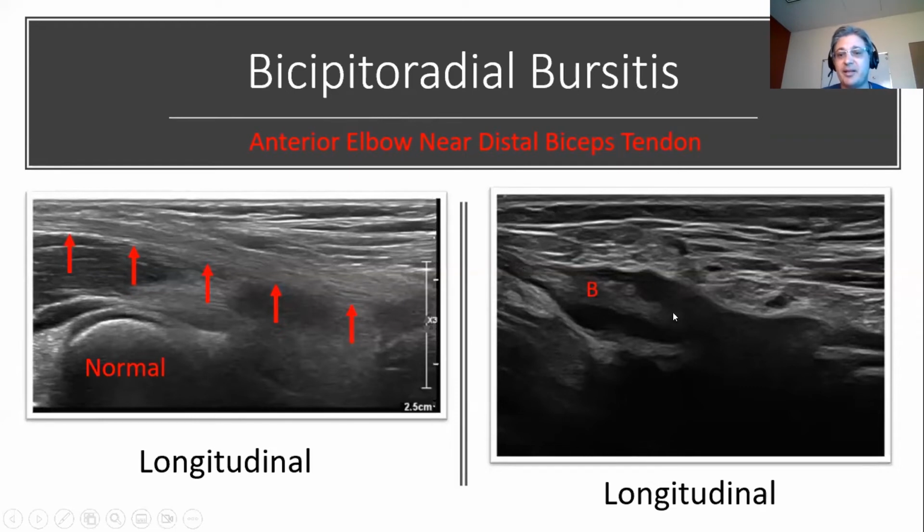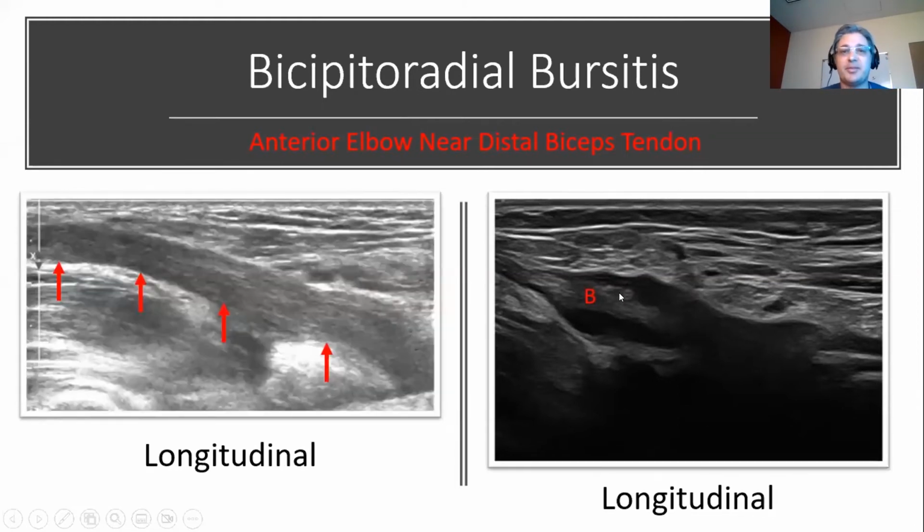The biceps tendon here, which is slightly out of plane, that I've labeled B for you, is surrounded by this hypoechoic or anechoic fluid that you certainly don't see in this normal case. No fluid surrounding this biceps tendon, no cystic mass surrounding this biceps tendon. This cystic mass, this fluid, we should consider bicipital radial bursitis because of its location surrounding the distal biceps tendon.